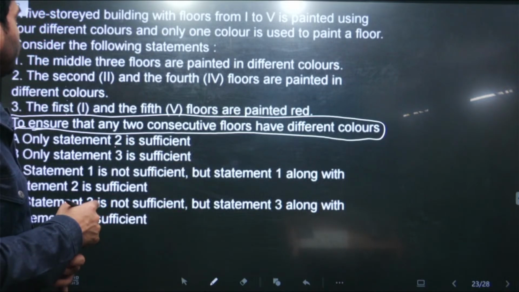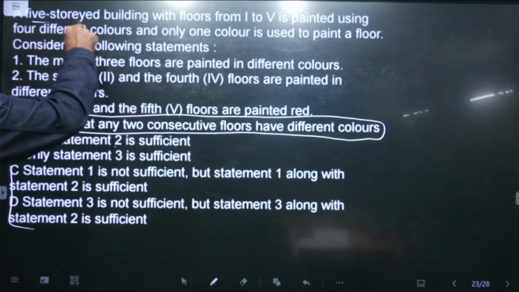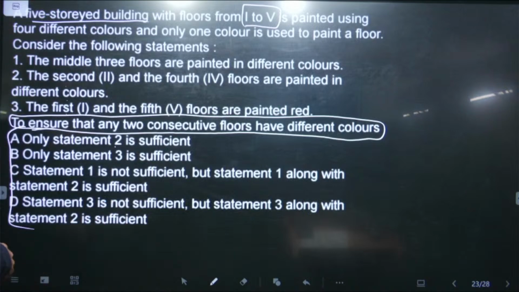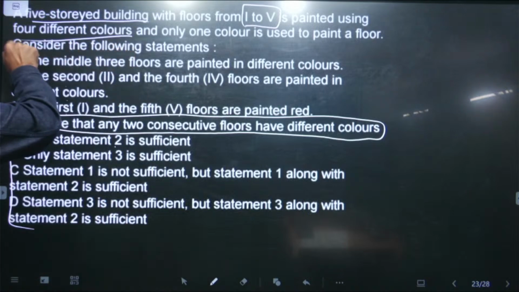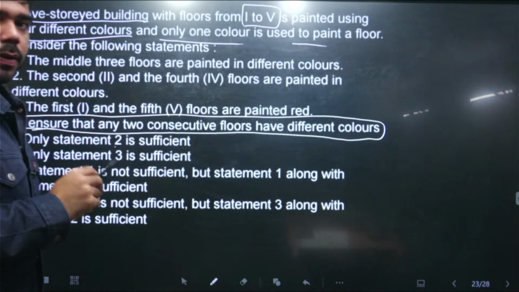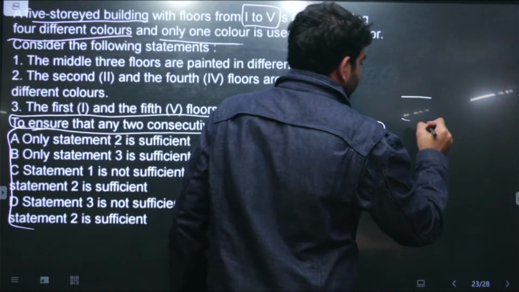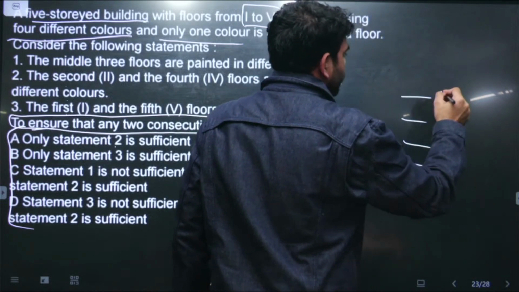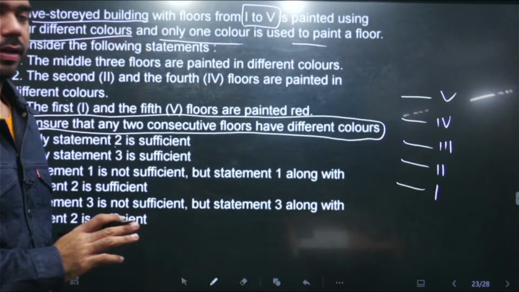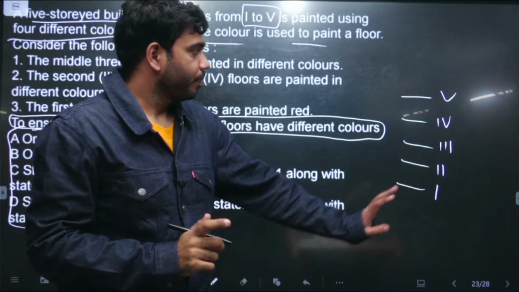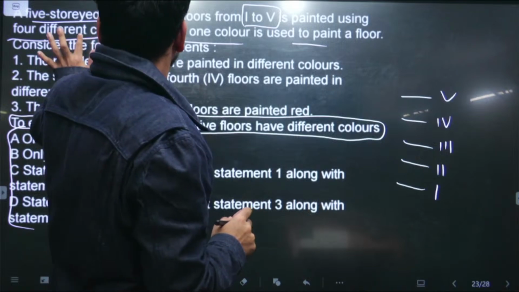And the second thing the question is saying, a 5-story building with floors from 1 to 5 is painted using 4 different colors and only one color is used to paint a floor. तो इसका मतलब क्या हुआ? We have 5 floors and 4 paints. ध्यान से सुनना, थोड़ा सा it can be confusing. 5 floors and 4 paints, it means कि 4 ही paint हैं, 4 different colors.